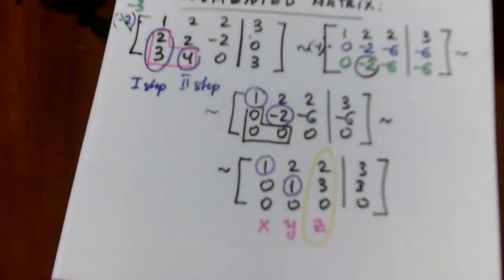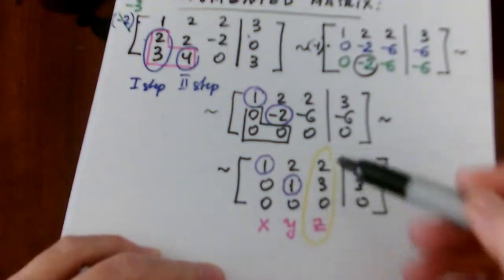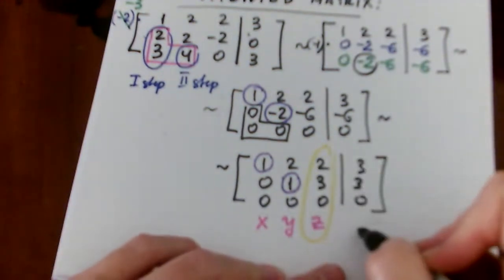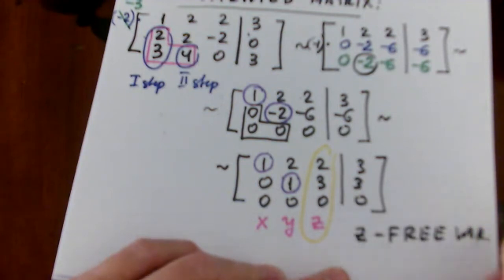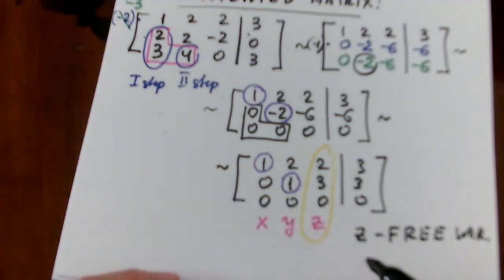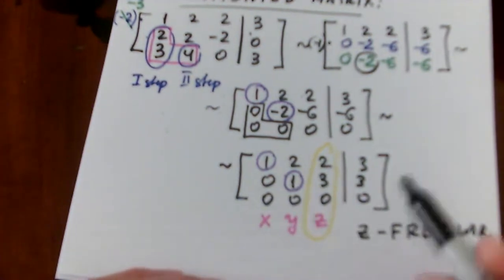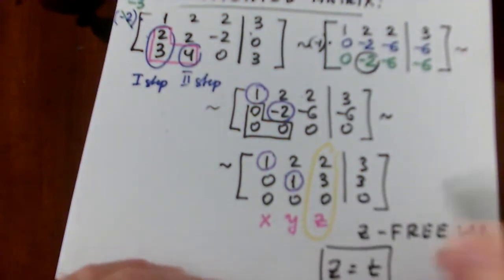And the next step will be to realize, this variable which corresponds to this column is called a free variable. So z is called free variable. And by the way, the rest of the variables are called basic variables, but it doesn't matter so much. So what do we need to do with this free variable? We denote it as parameter t.